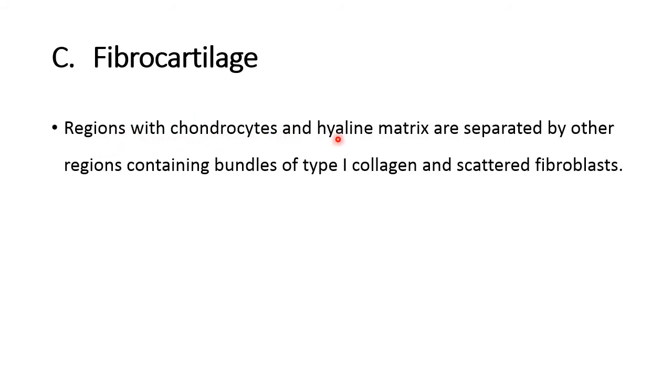Regions with chondrocytes and hyaline matrix are separated by other regions containing bundles of type 1 collagen and scattered fibroblasts. يعني بيكون الكوندروسايتس حوالينا في hyaline matrix مباشرة surrounding الكوندروسايتس، وبينه وبين ال other chondrocytes بيكون في regions of bundles of type 1 collagen and scattered fibroblasts اللي بيسموها ال interterritorial matrix.